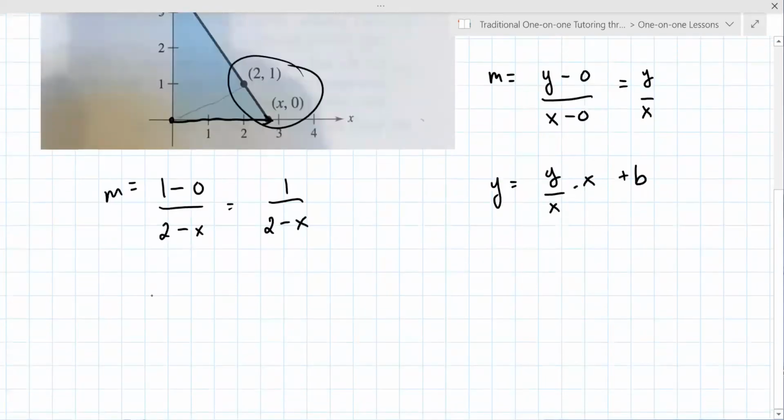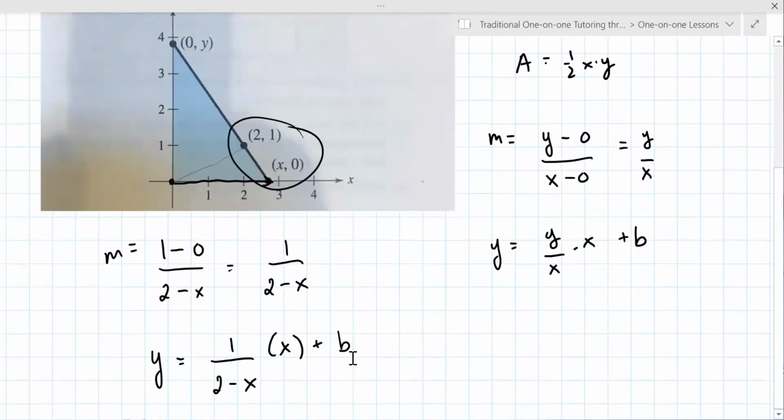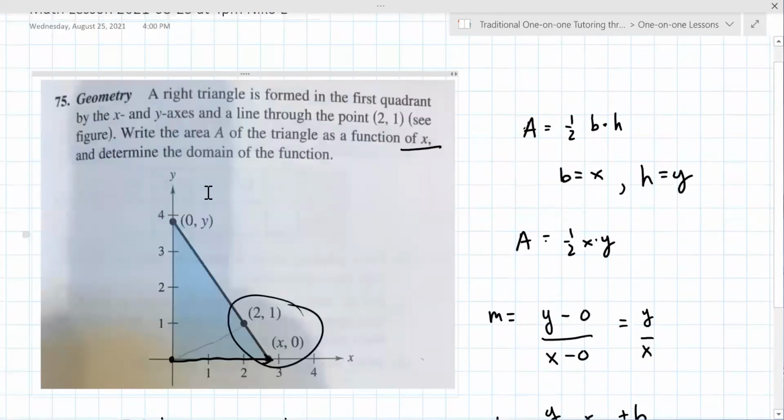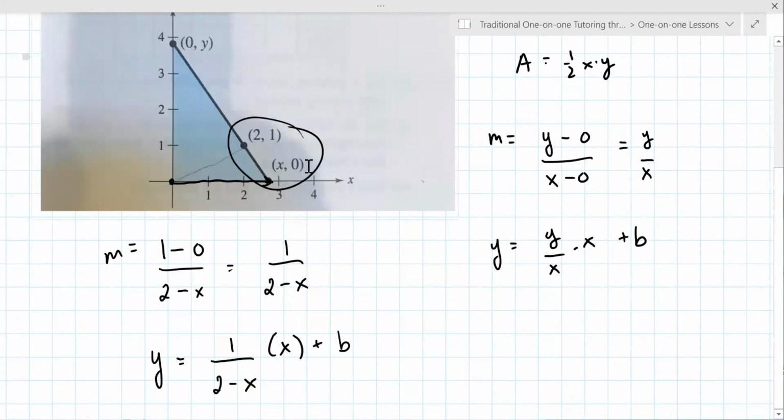So y equals 1 over 2 minus x times x plus b, and we can say this goes through point y here. This is quite odd. Domain of the function.